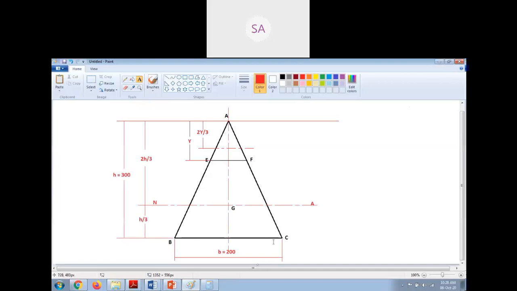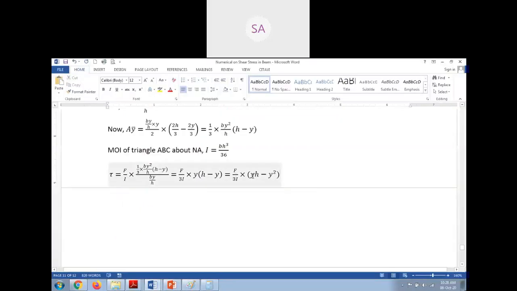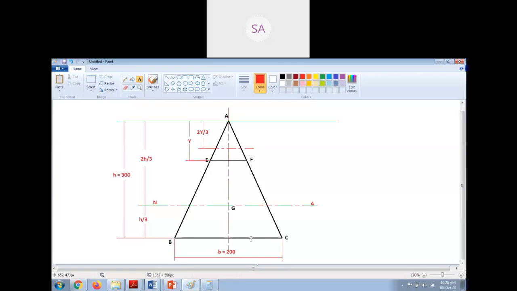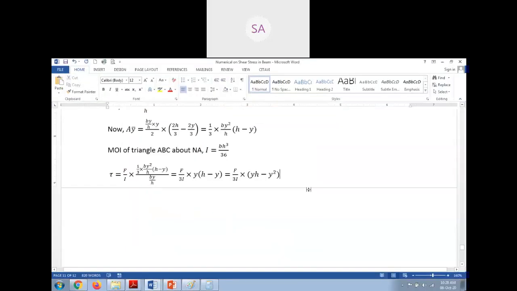And at BC, y is equal to h. So this will become h square minus h square. So this will become 0 and the shear stress at this point is also 0. So the maximum shear stress will be somewhere in between. So the only significant point I know is the neutral axis. So first let us find the shear stress at the neutral axis.